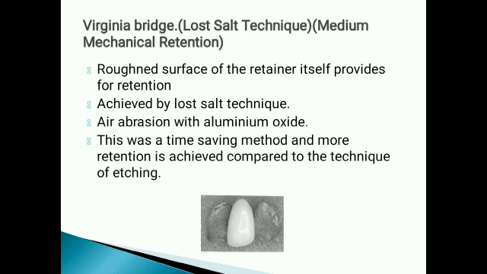This gives the necessary oxide layer. He also showed that air abrasion with aluminum oxide aids in improving the retention. Coming to the advantages, even noble metal alloy can be used. Surface treatment of the retainers is not necessary.